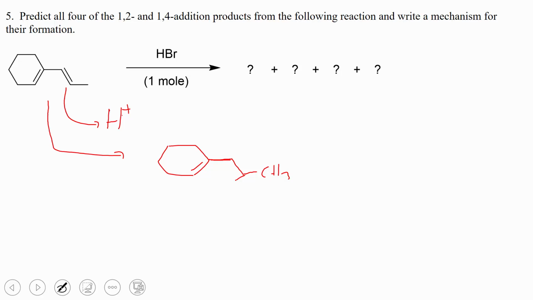All right, so we have two hydrogens here now. And this carbocation is allylic, so it's going to have a resonance form that we can write. And this is the structure right here.